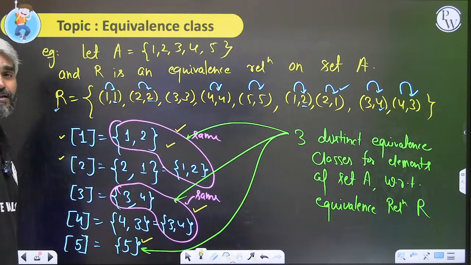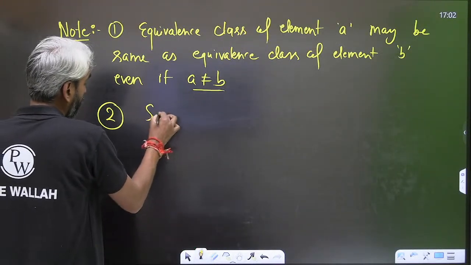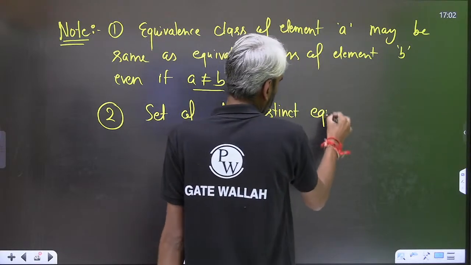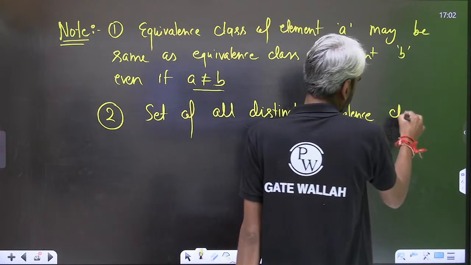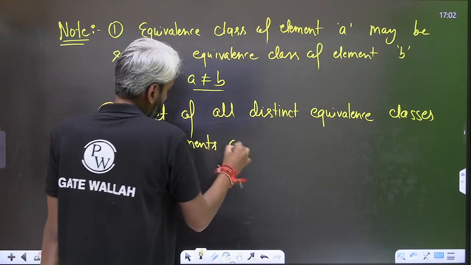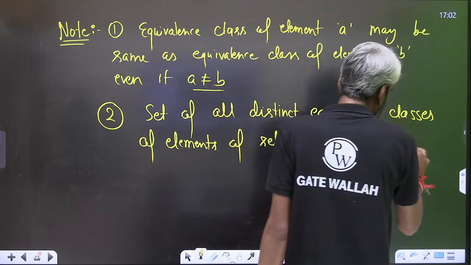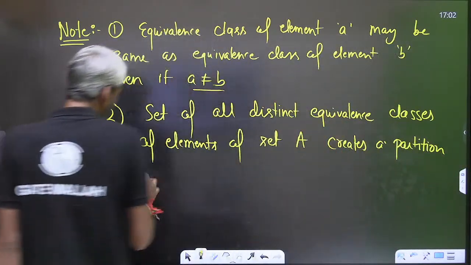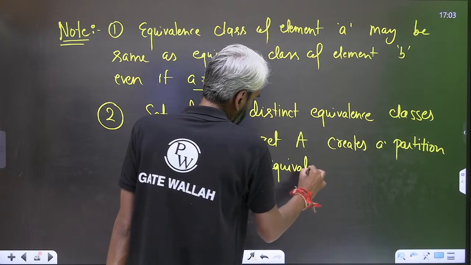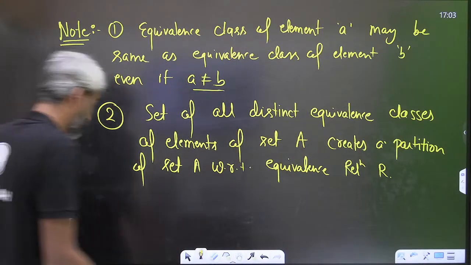The set of all distinct equivalence classes of elements of set A creates a partition of set A with respect to equivalence relation R.